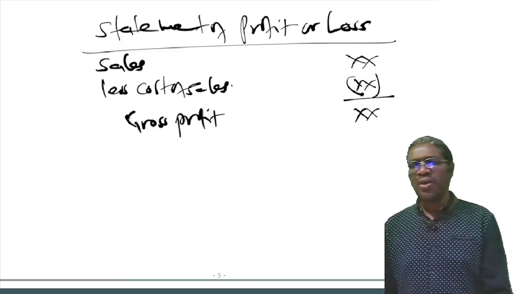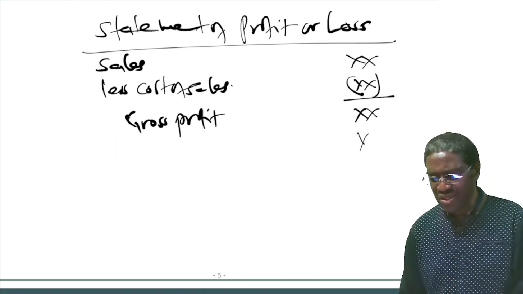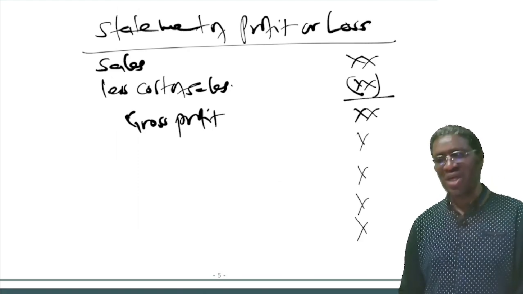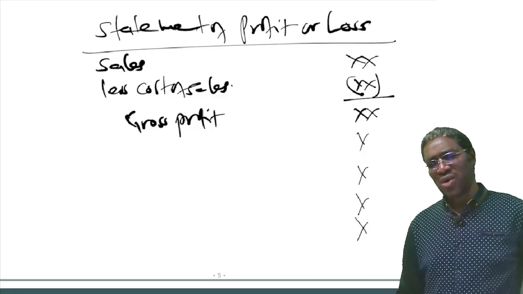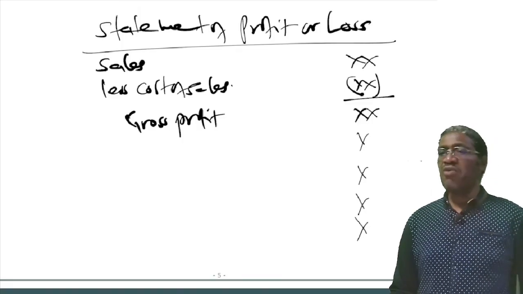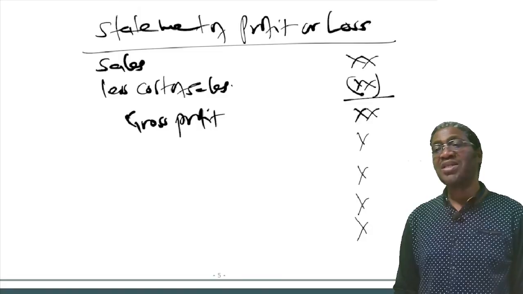From there, you know that we always come and subtract expenses, electricity, water, telephone, insurance, and so on. That's what you used to do in financial accounting. You minus the expenses from the gross profit so that you arrive at what we call the net profit.